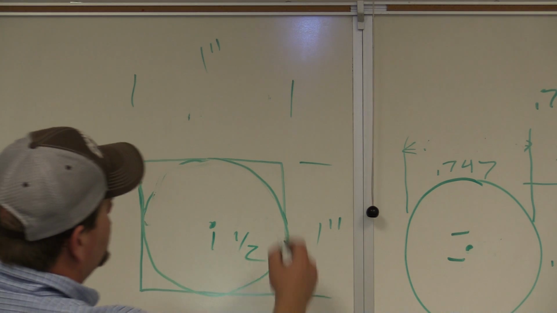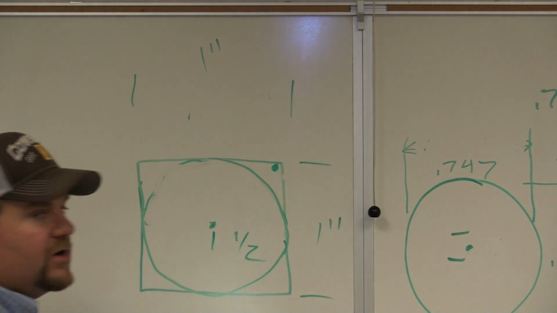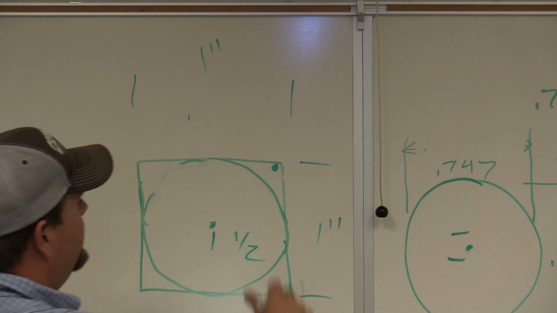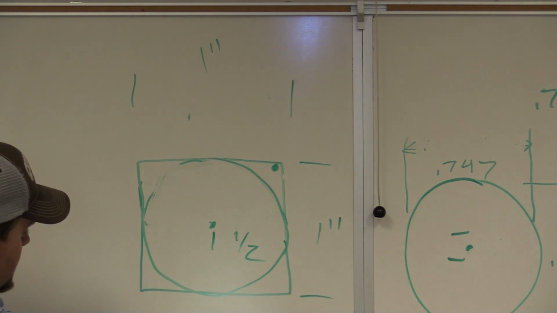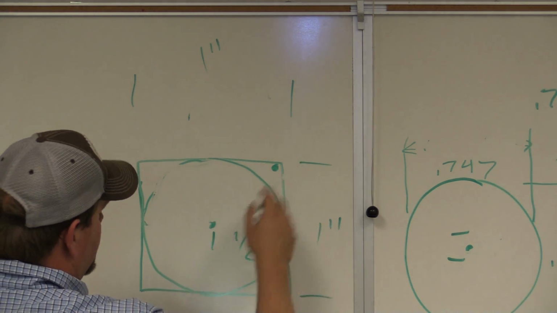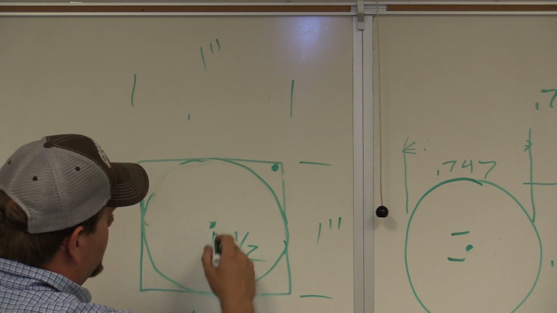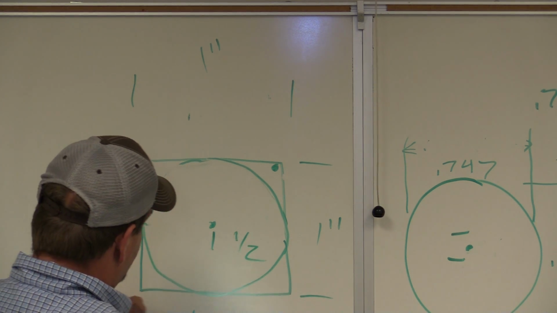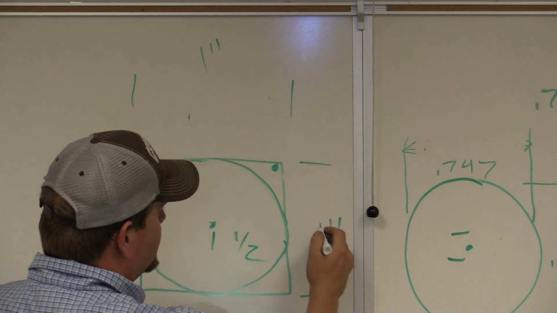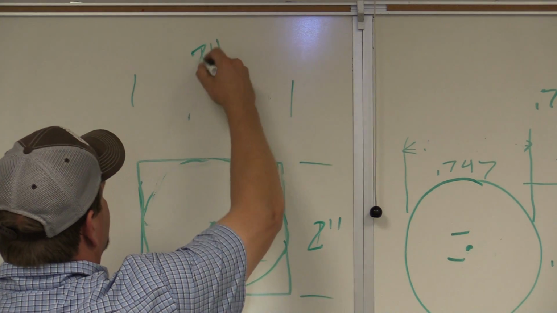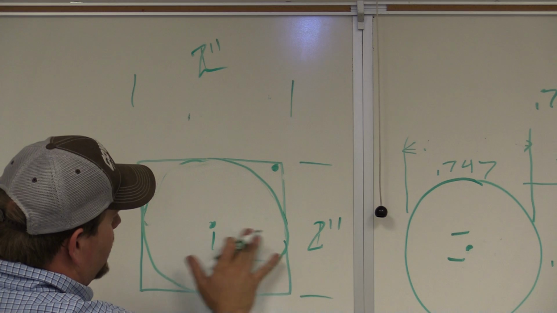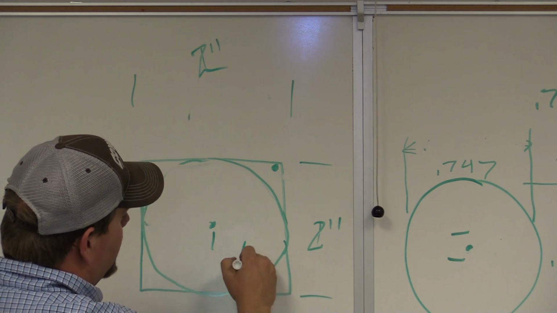With the square dimension, you can be here and still be within tolerance. To find this dimension at 45 degrees, you take your dimension and multiply it times 1.4142. So if this is 2, 2, our radius is 1.